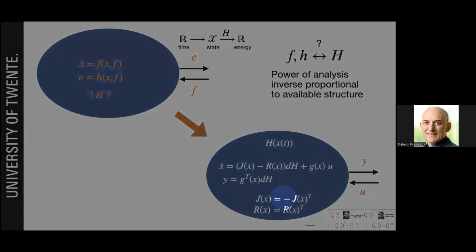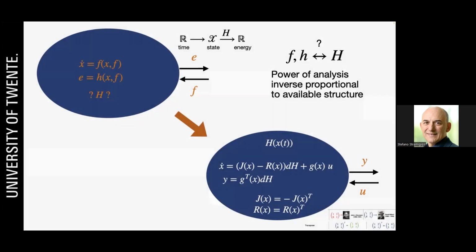And J is a skew-symmetric matrix. Can you talk about it? Yes, because it's a quadratic form. I can invert the indices, and if the sign changes, it's skew-symmetric. And R is also a skew-symmetric matrix, because it's also a quadratic form on the dual side. So you see, you can talk about these things.